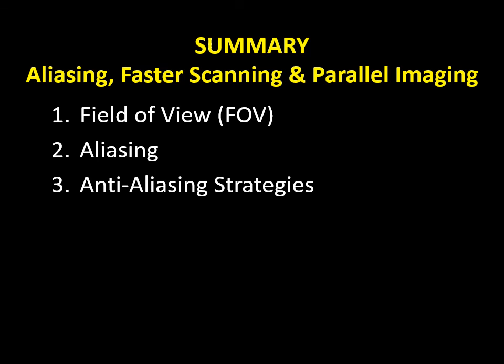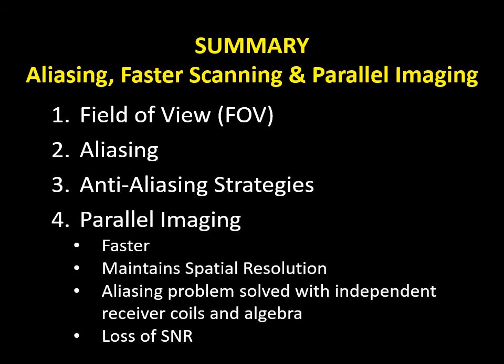Anti-aliasing strategies were discussed, and the last half of the lecture dealt with parallel imaging, demonstrating that it enables imaging to go faster while maintaining spatial resolution and solves the aliasing problem by the use of independent receiver coils and algebra, but at a cost of loss of signal to noise.